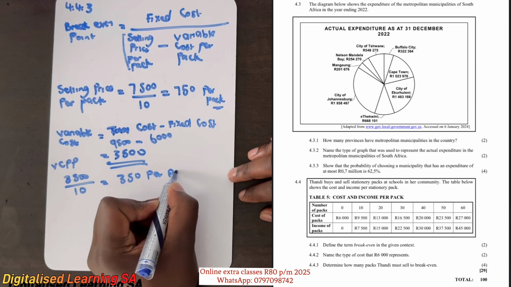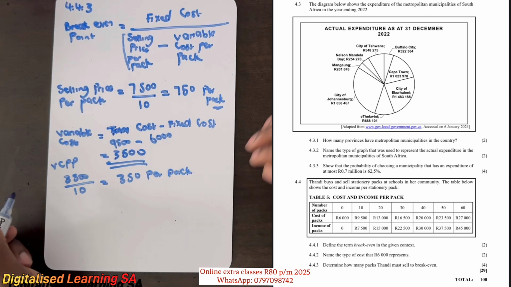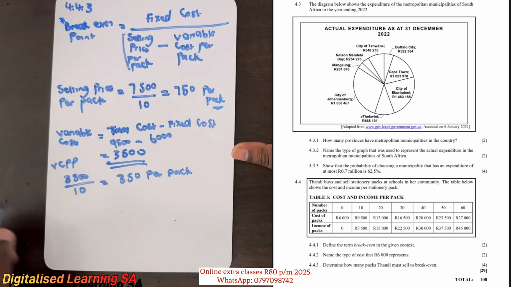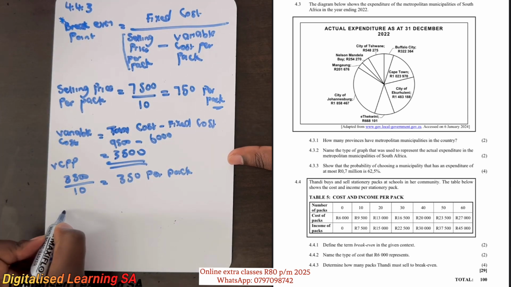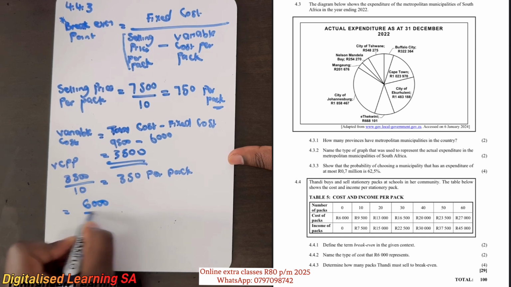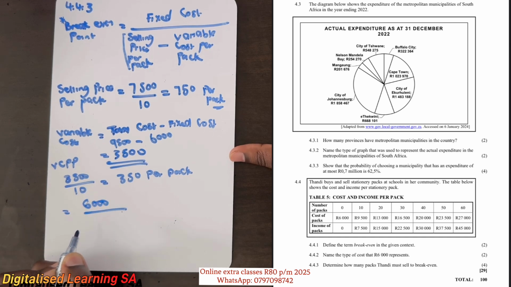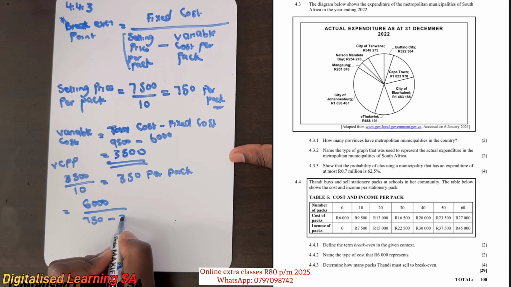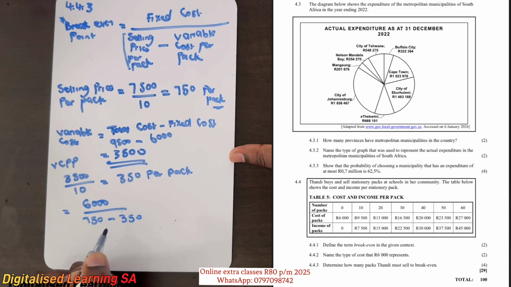Okay, so now let's substitute into our break-even point formula. Our fixed cost, which is 6,000, divided by our selling price per pack, which is 750, minus our variable cost per pack, which is 350.